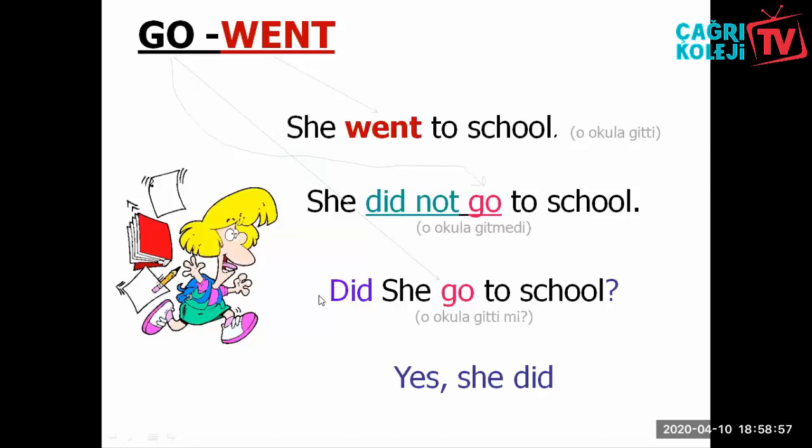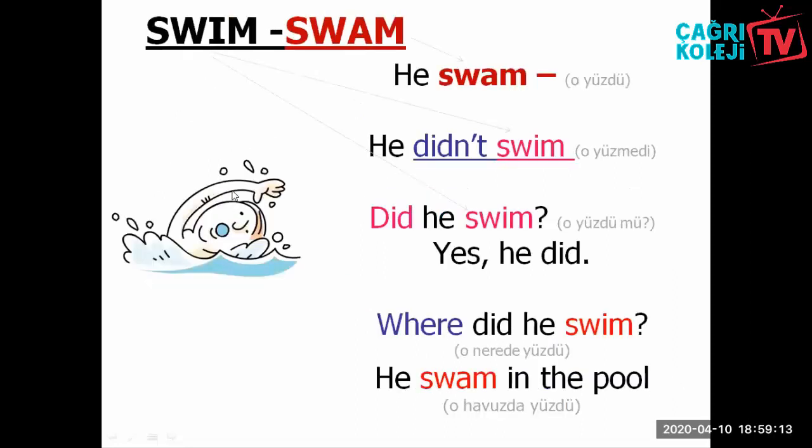So in the question form, it is the same. We use the first form of the verb. Did she go to school? Yes, she did. She went to school. Another example, swim. Swim changed into swam. He swam, you see. He didn't swim.